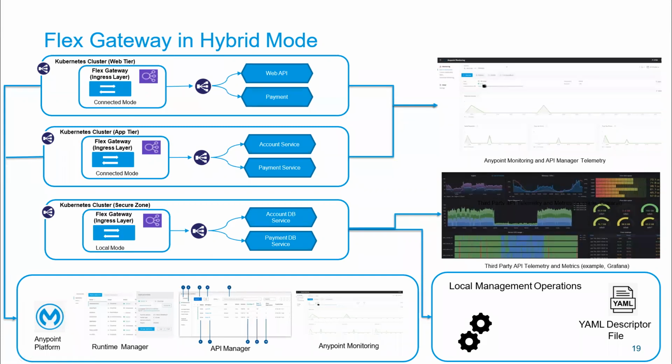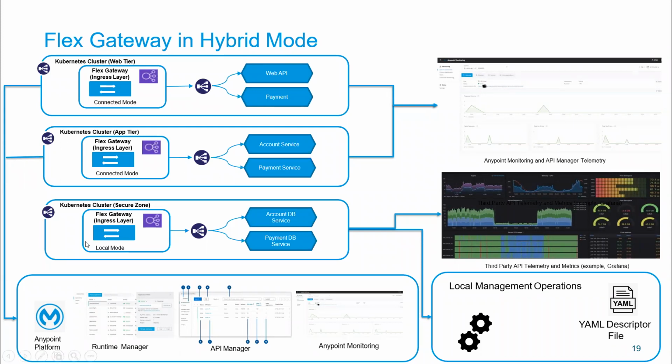It's just a hypothetical situation, so the architecture can vary. Here I'm just showcasing that there are multiple ways of using the Flex Gateway: connected mode, local mode, and also hybrid mode, which is a combination of local mode and connected mode.